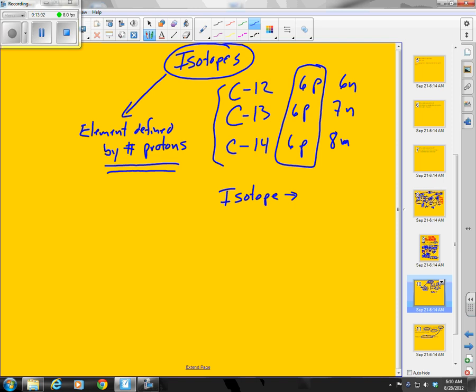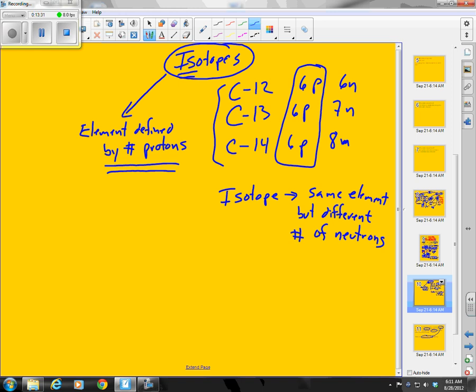That is a case where you have the same element but a different number of neutrons. Okay? And we call those isotopes. Iso meaning same, right? Good. Isotope: same element but different number of neutrons.